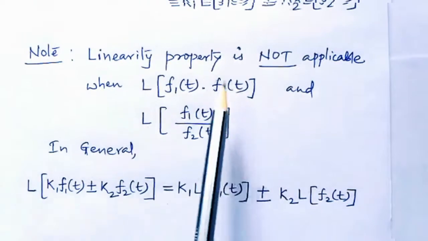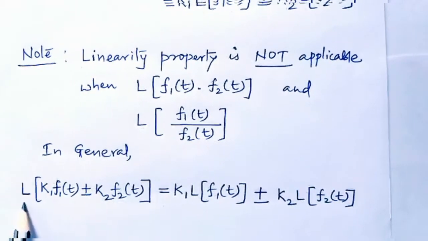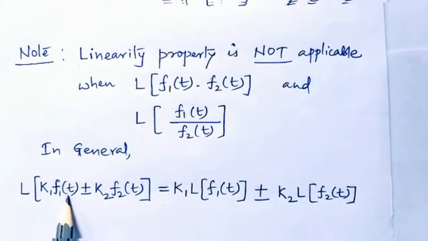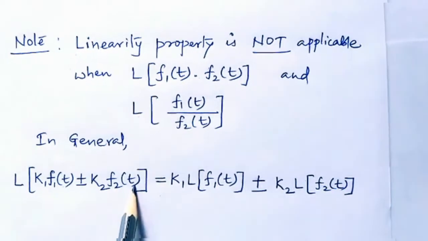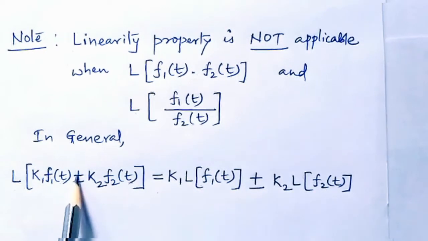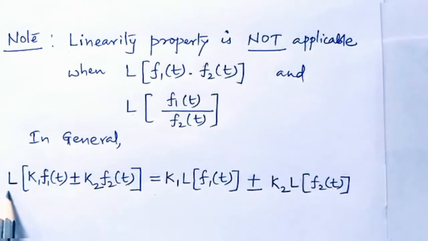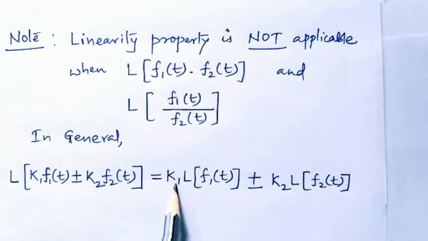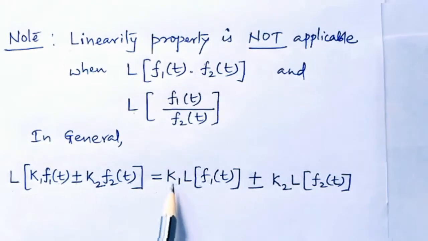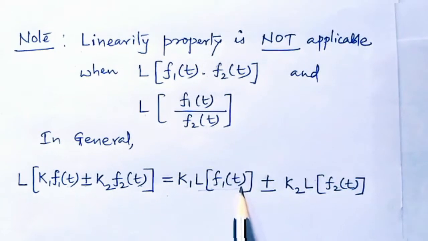And in general, what is the linearity property? Look here. Whenever we have k1 times f1 of t and k2 times f2 of t, arranged with either a positive sign or a negative sign, to find the Laplace transformation we just take the constant outside the operator and find the corresponding Laplace transformation of the function.